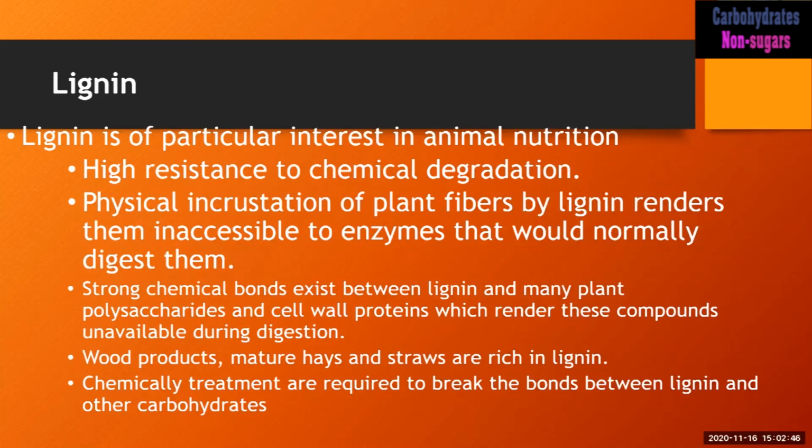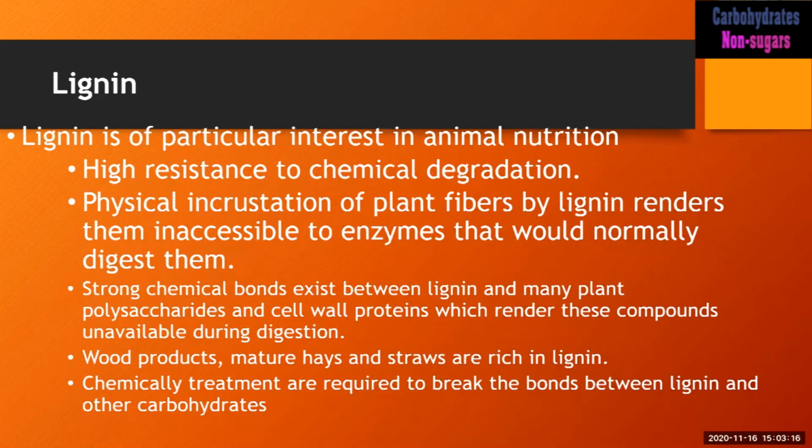If we grow maize and cut it at the stage of seed production, the plant is fully matured, its fibrous component is high, and the plant becomes lignified. That's why we usually use only a small quantity of wheat straw or rice straw in the diet, because it contains a high amount of lignin.